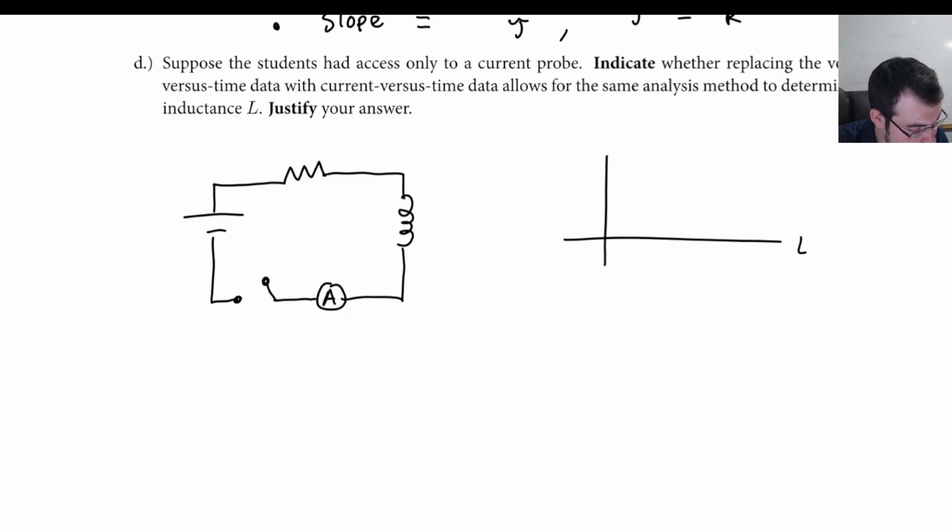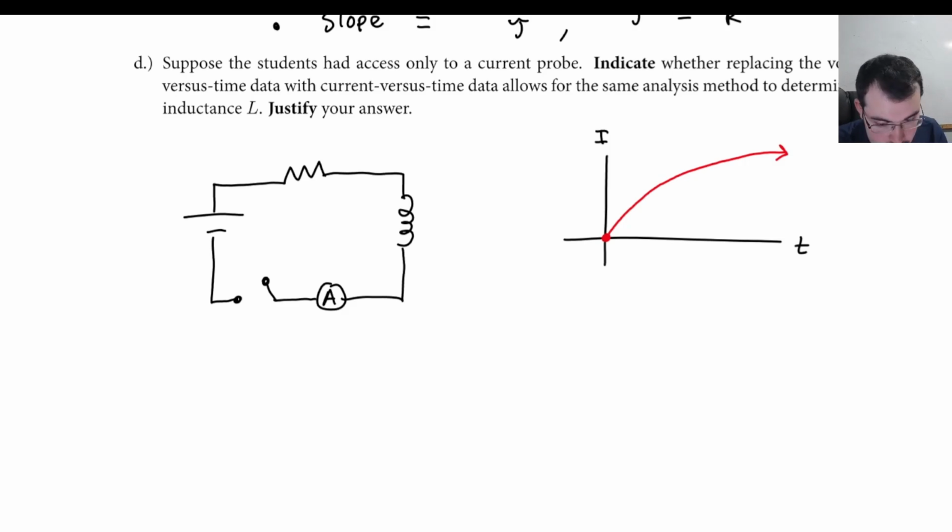What is our current probe going to graph if we construct this circuit? Initially the inductor is not happy, so it is going to fully succeed in fighting the current. But eventually the inductor is happy, so it stops fighting it, so we get this graph.